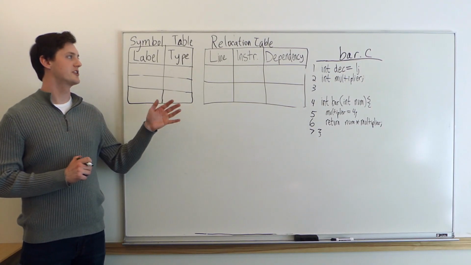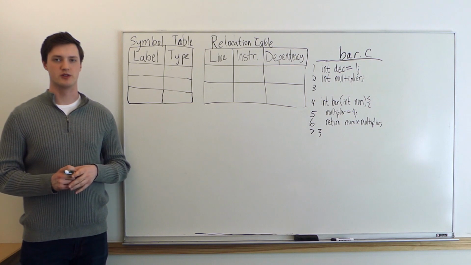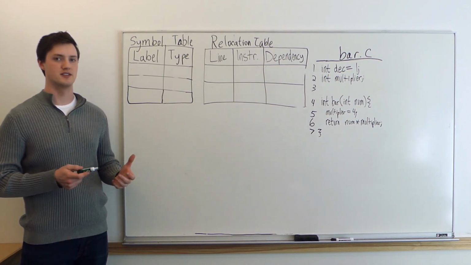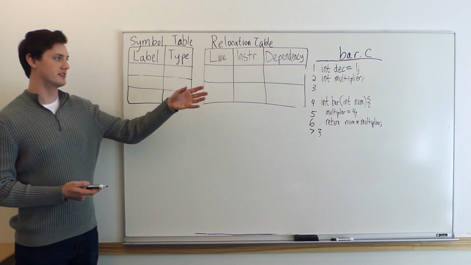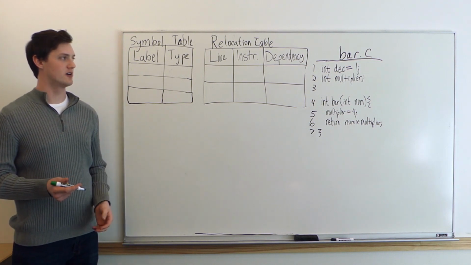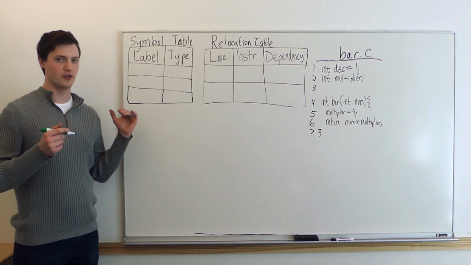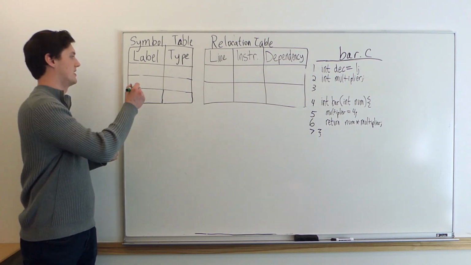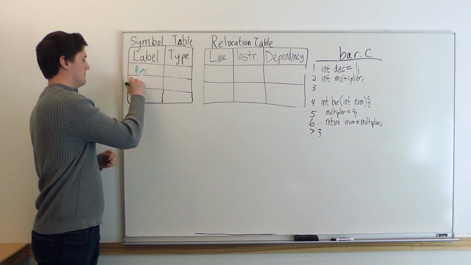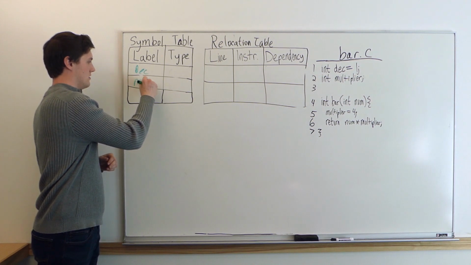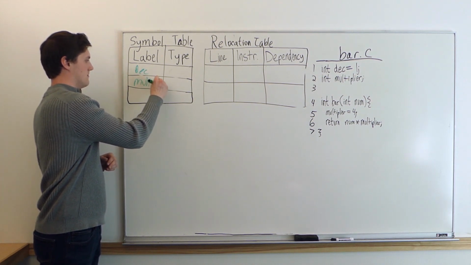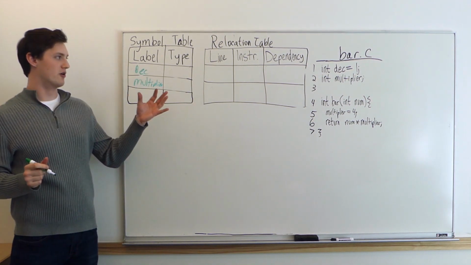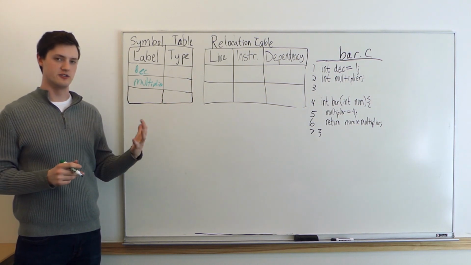And now lastly, let's go over what the symbol and relocation tables would look like for bar, or bar.c more specifically. At the top we have int dec equals 1 and int multiplier. These are both global variables that need to go in our symbol table. So we have our labels dec and multiplier. These are both defined within this file, and neither of them is an extern.